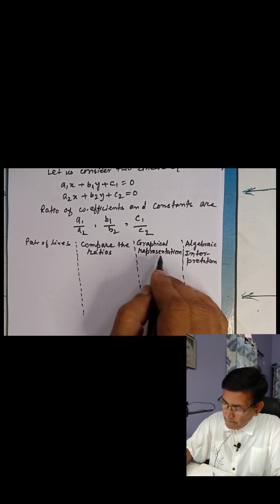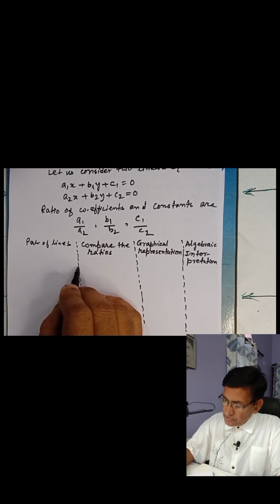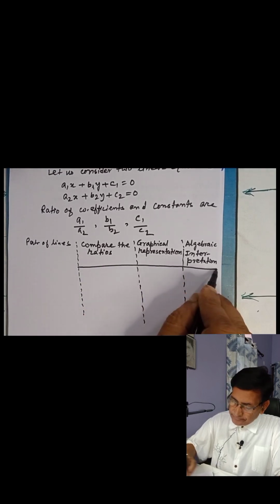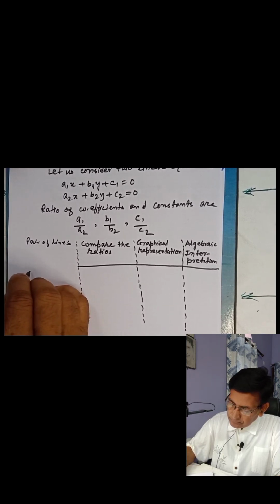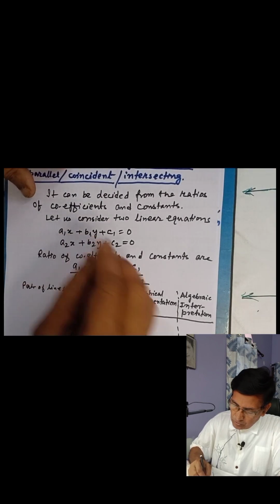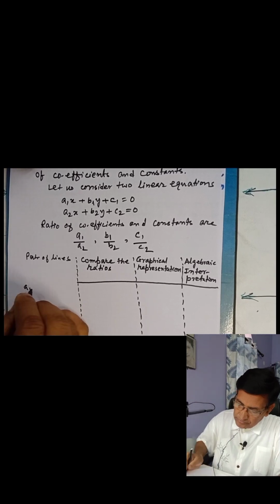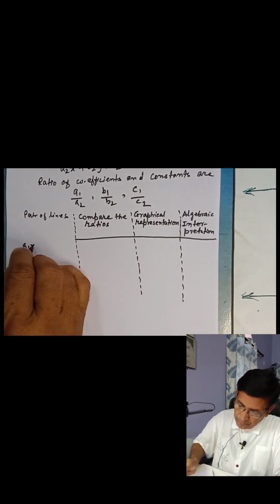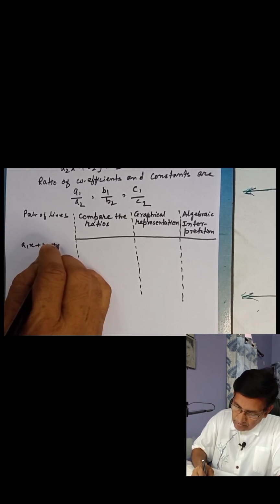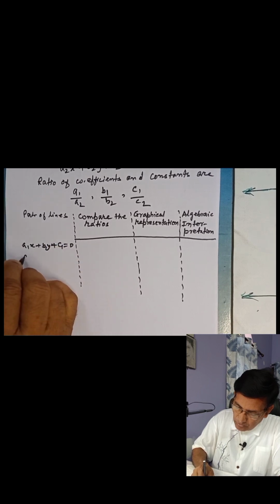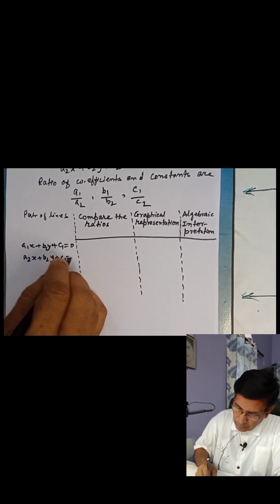Conditions: compare the ratios, graphical representation and algebraic interpretation. What will be the pair of lines? This is a1x plus b1y plus c1 is equal to 0, a2x plus b2y plus c2 is equal to 0.